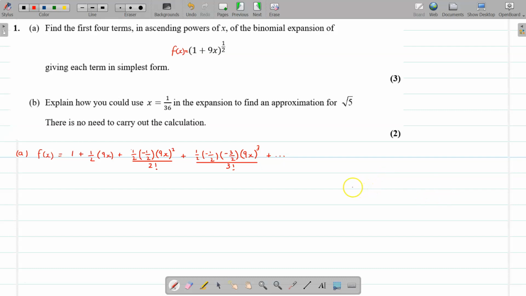Okay, now you can use your calculator at this point and enter the terms in simpler form, and that does give you 1 plus 9 over 2x. Okay, I wouldn't put these as decimals, I would leave them as fractions like this. 81x squared over 8.